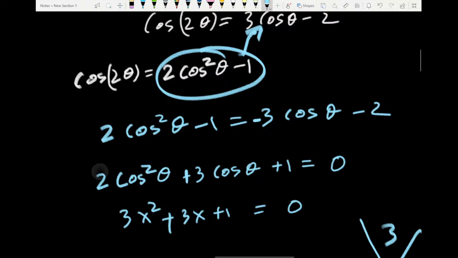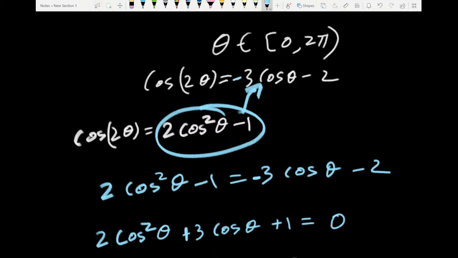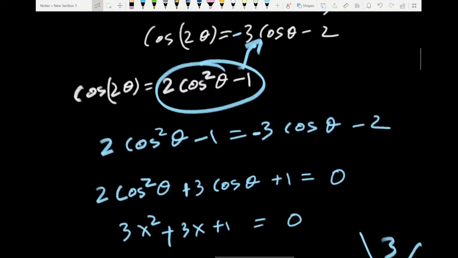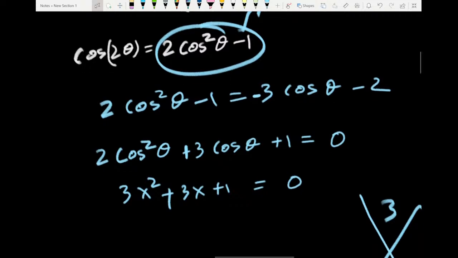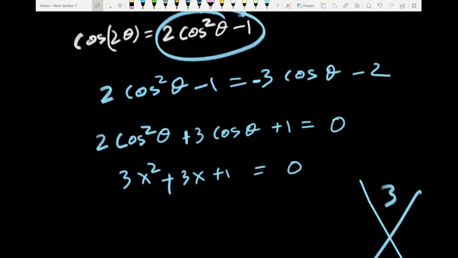Let me make sure that cosine of 2 theta minus this is minus 3 theta, so I move everything. So 2 cosine square of theta minus 1 plus 1. We can't factor that. Is this a super bad question? Let me see this real quick.